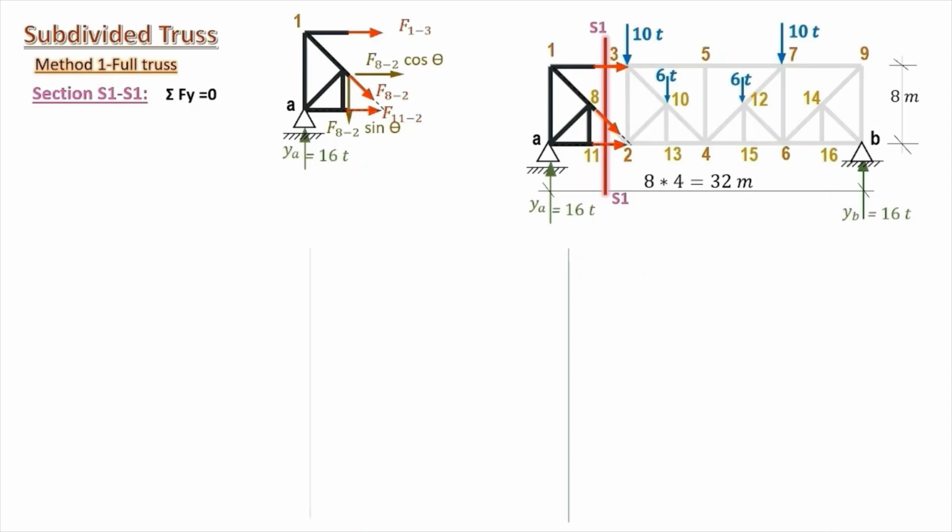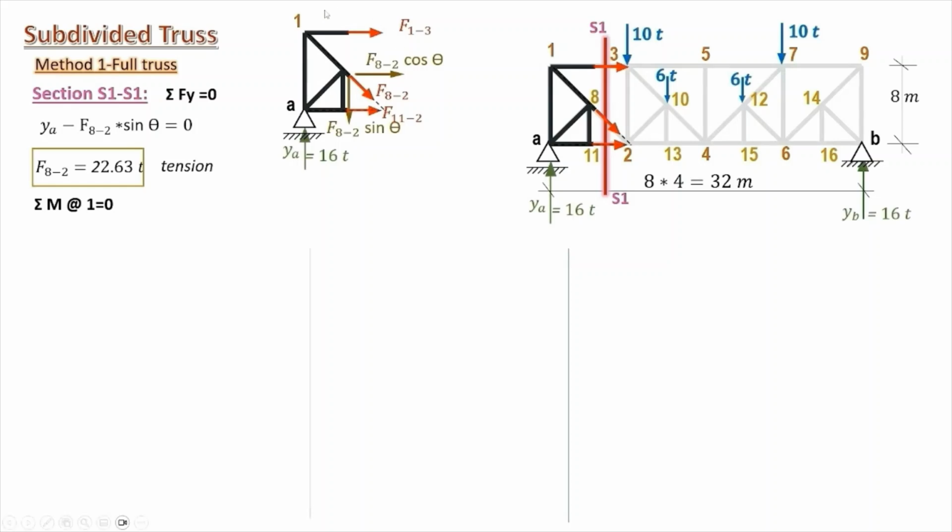So, going back to our equation, the equilibrium in the y direction equals 0. We have YA and we have the component of the force 8, 2 in the y direction, which gives that F8,2 equals 22.63 tons, the tension force here.